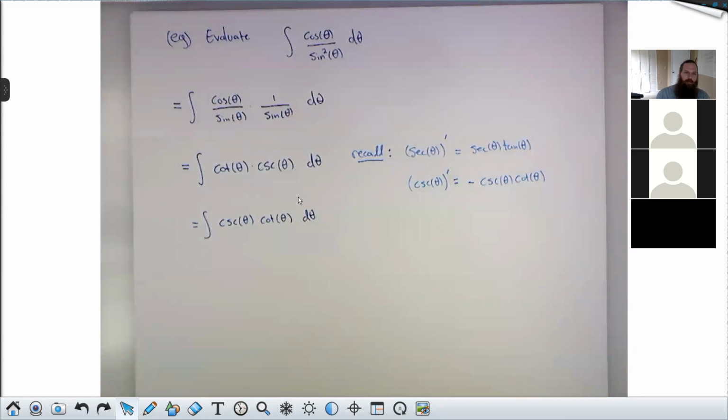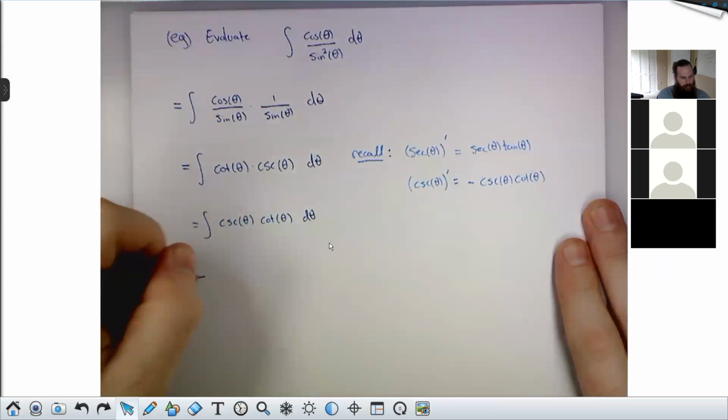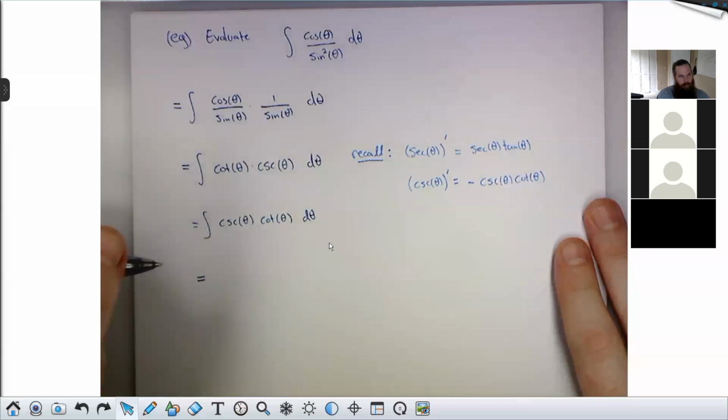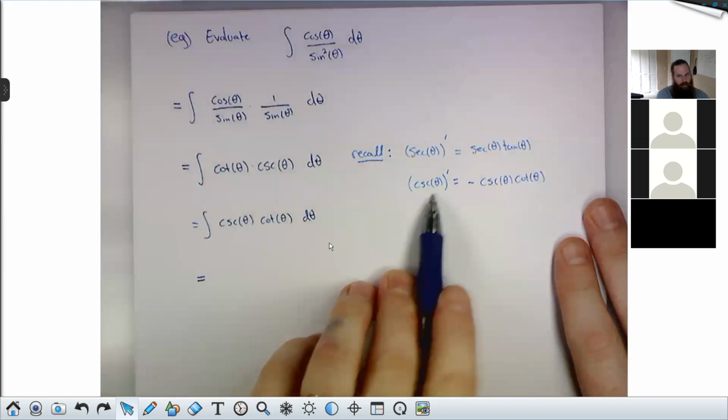Okay, so what does that mean for my integral here? If the derivative of cosecant is negative cosecant cotangent, then what is the antiderivative for cosecant cotangent? Well, if I differentiate this, I get this.